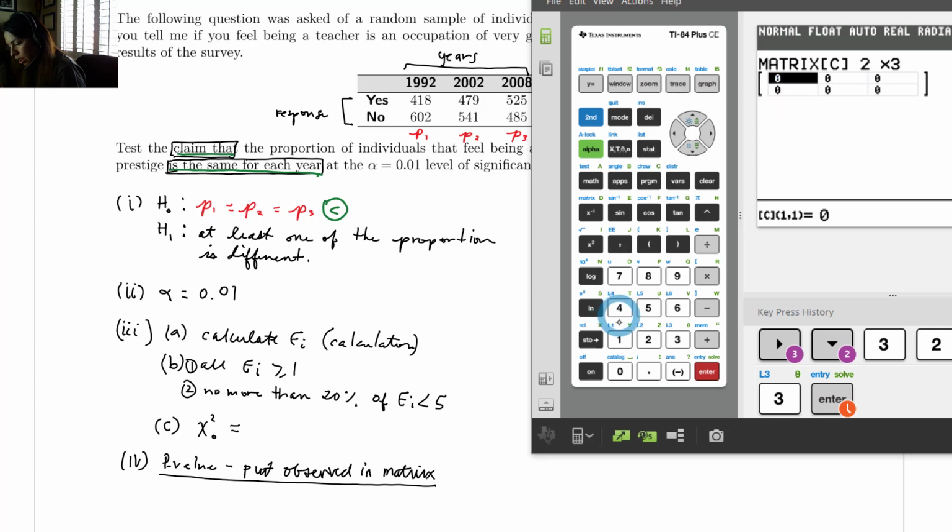In 2002 it was 479. In 2008 it was 525. In 1992 the no's were 602. Then 541. And 485.